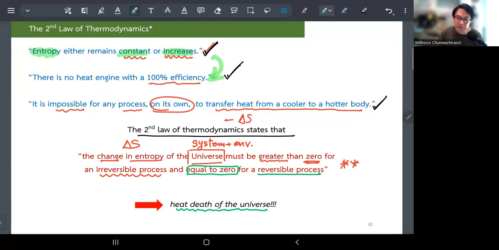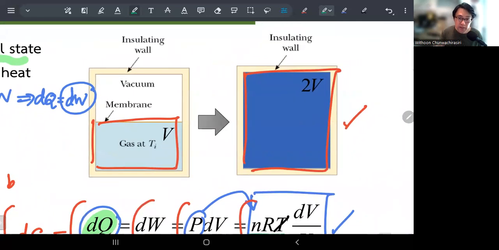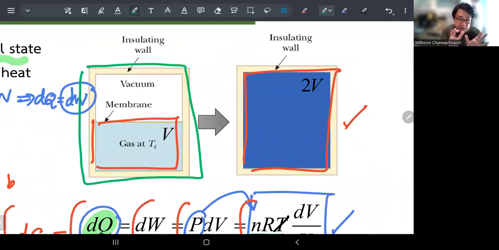I don't know if my explanation allows you to understand the second law a little bit better, but the whole point over here is what we can conclude right here. You get a positive change in entropy. This system over here is your universe. This is your gas. You already sealed everything. So this system, the gas in this container, is your universe.